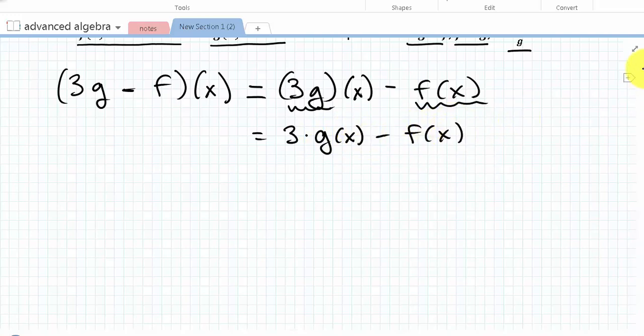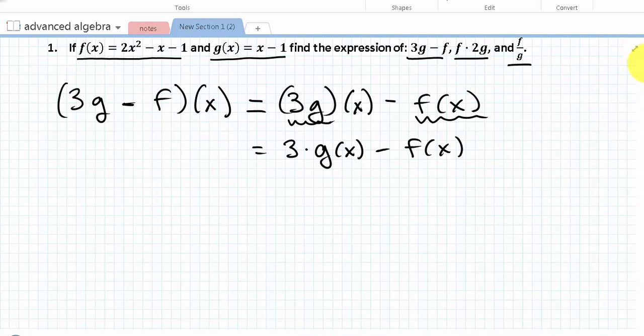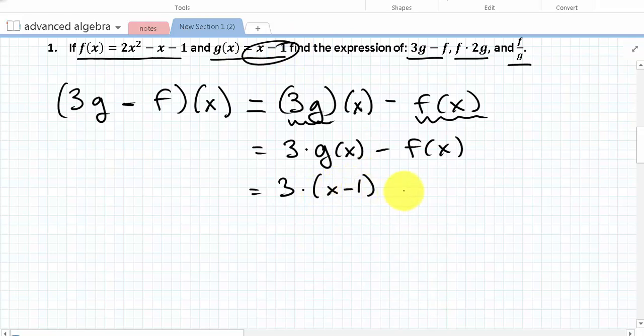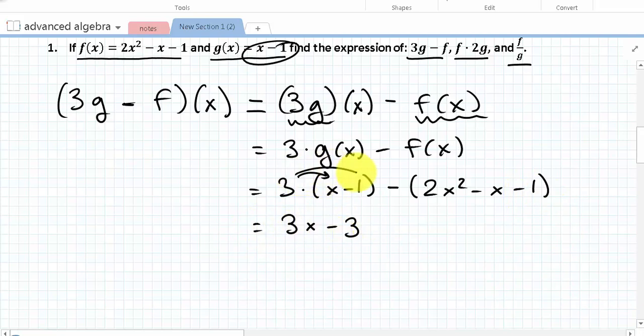And at this point, everything is clear. I'm going to do 3 times, what is g of x? It's x minus 1, minus, and what is f of x? It is 2x squared minus x minus 1. All right? So it is 3x minus 3, right? You have to distribute here.